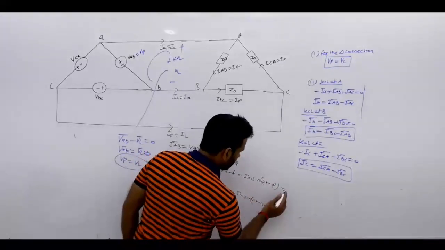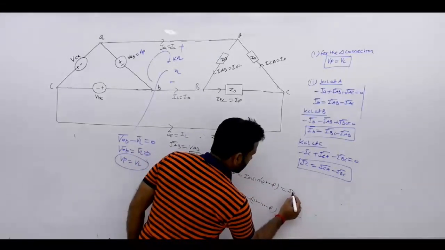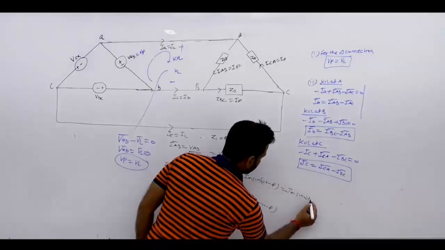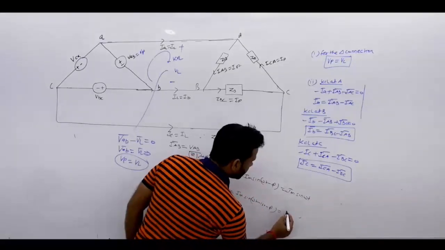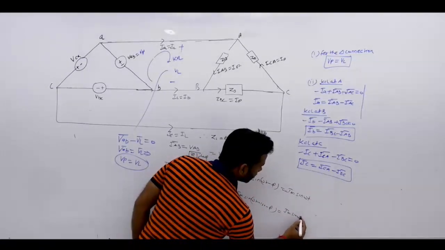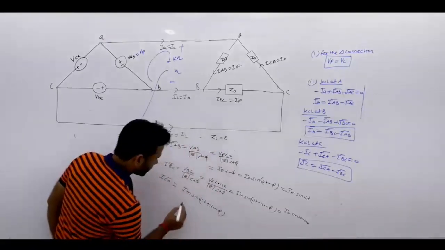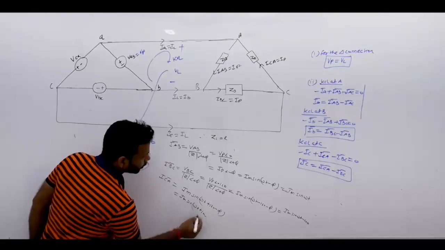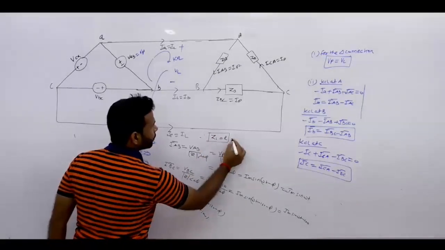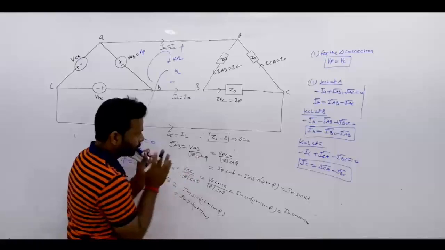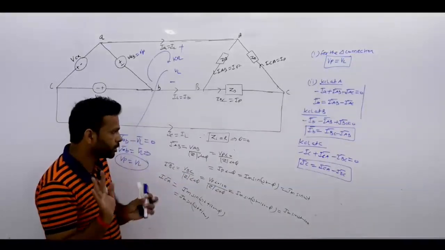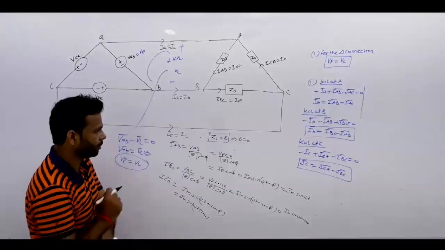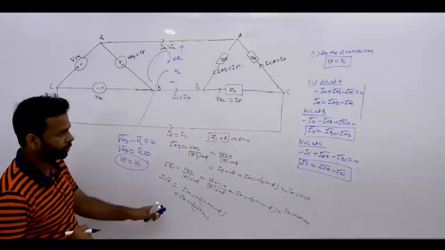These currents are Im sin omega t, similarly Im sin omega t minus 120 degree, and this current becomes Im sin omega t plus 120 degree, because for the resistive load, the phi is 0. I'm taking the resistive load for the simplicity of the calculation. Otherwise, the calculation is a little bit tough. But the results are the same.